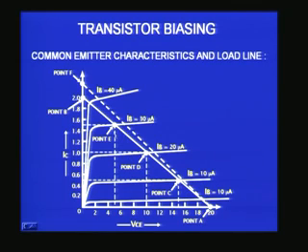So you can choose different points like point A or point C, D, E or B as your operating point, and we said this region, which is very close to the y axis, is called the saturation region, and this region which is very close to the x axis is called the cutoff region.